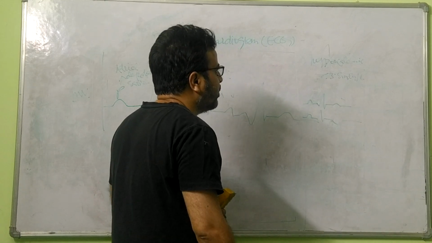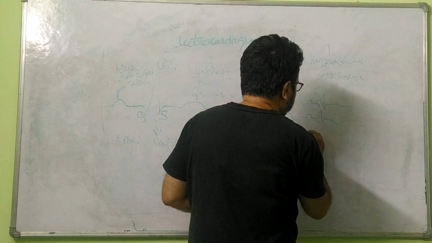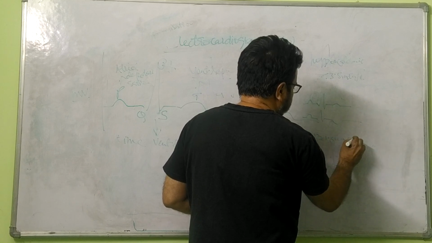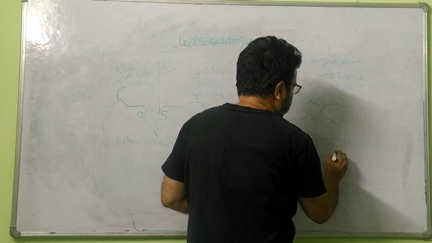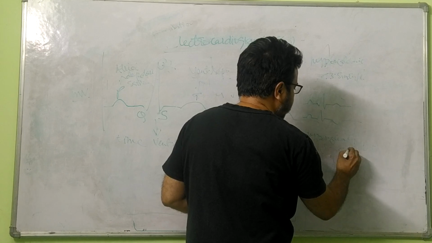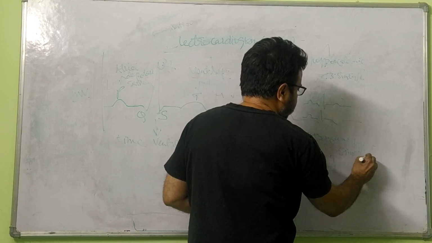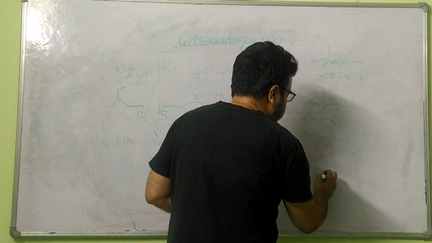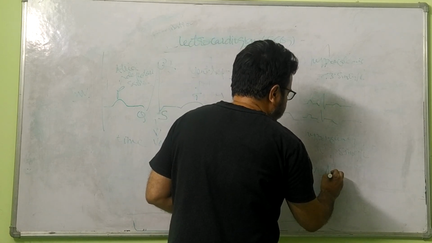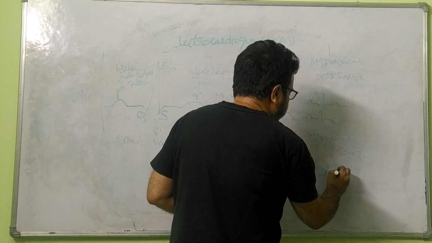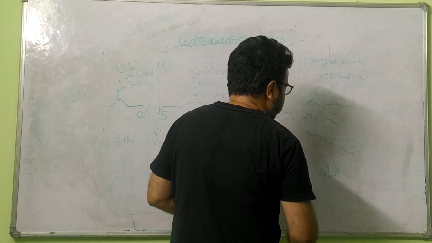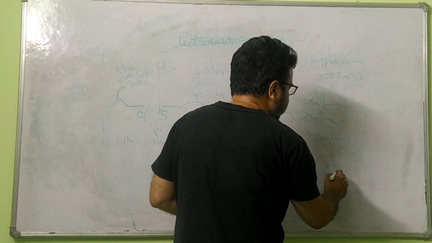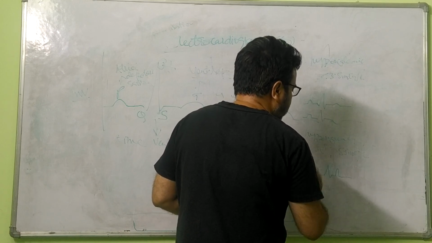And a condition called hyperkalemia, where potassium ions are more than 5.5 milliequivalents per liter. So here the ECG shows a peaked T wave. So the base is not broad, but the peak of the T wave is tall.